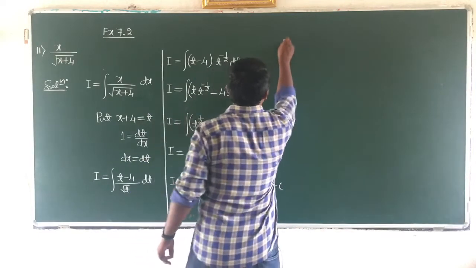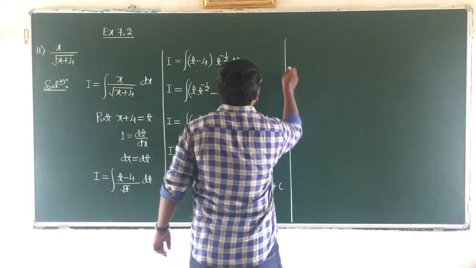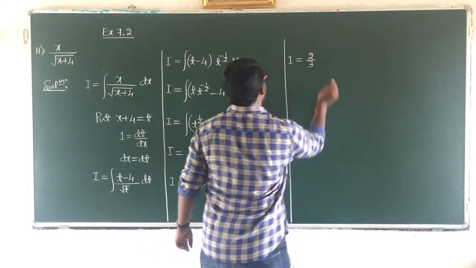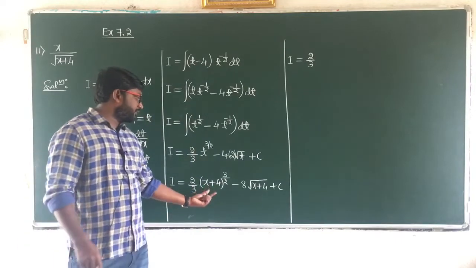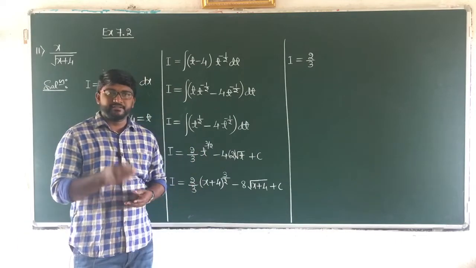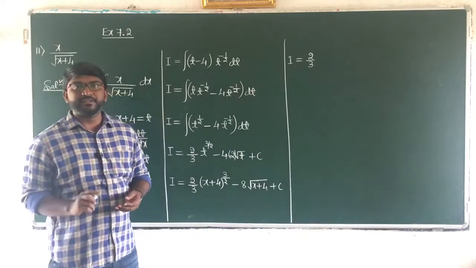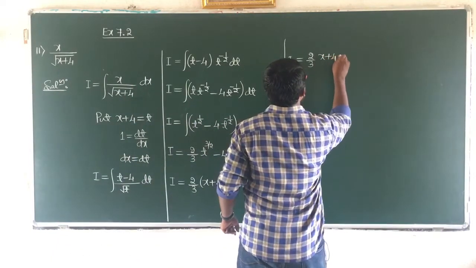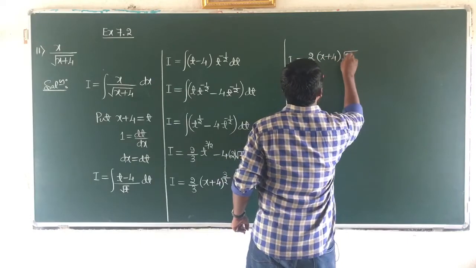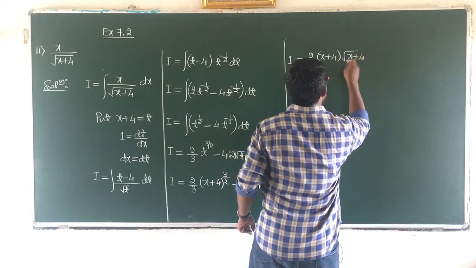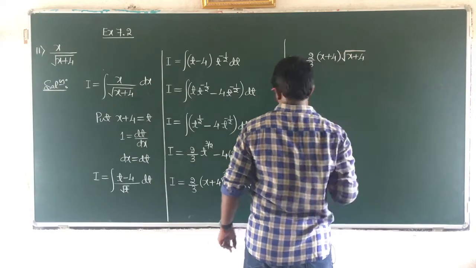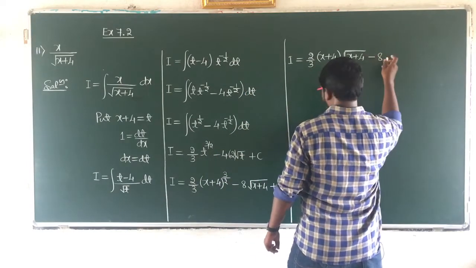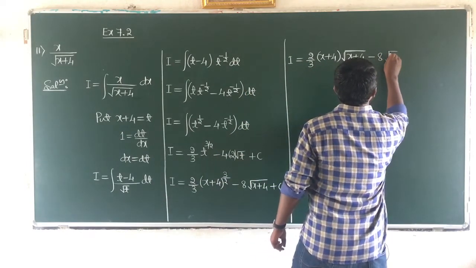So this can be written as I equal to 2 by 3. So here x plus 4 to the power 3 by 2 can be written as x plus 4 into root x plus 4. So x plus 4 into root x plus 4 minus 8 times root x plus 4.